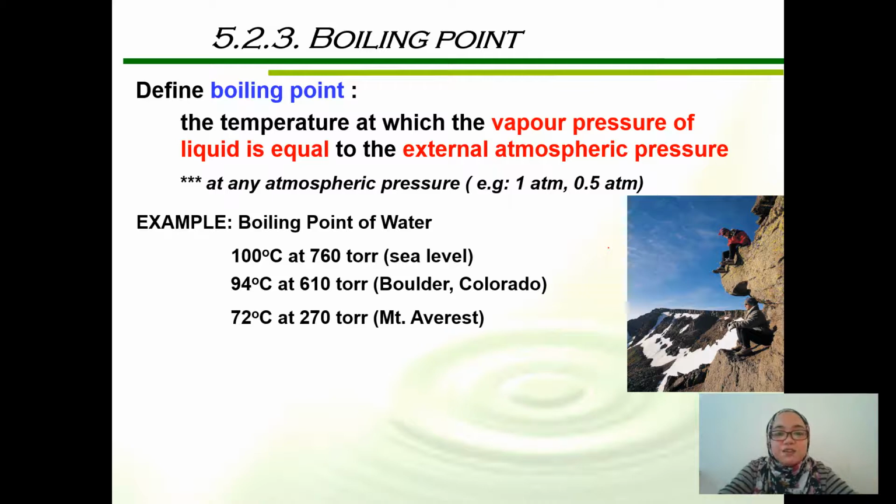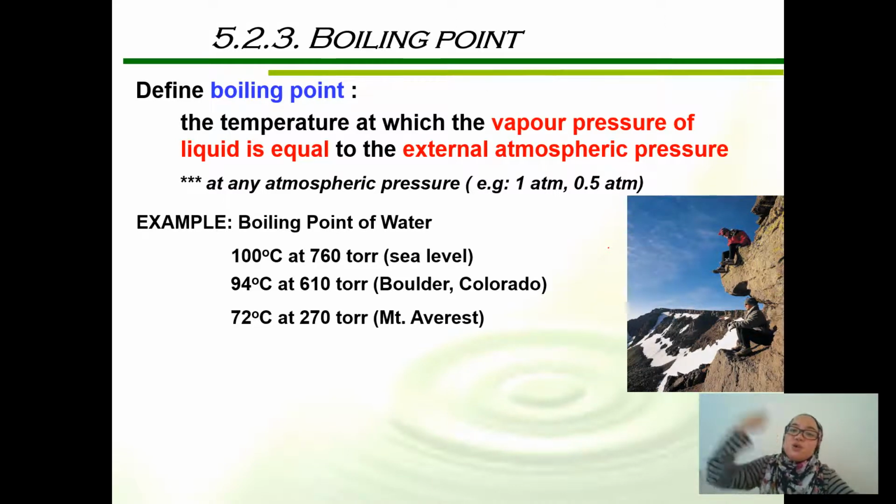So at sea level, since the pressure is 760 torr, high pressure, the boiling point is 100 degrees Celsius. Okay. When we going up higher, like contohnya Mount Everest, so at the higher altitude it has lower pressure. So dia punya boiling point decreases 72 degrees Celsius only.